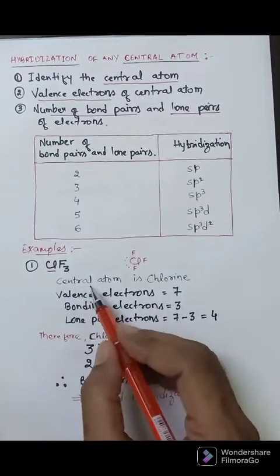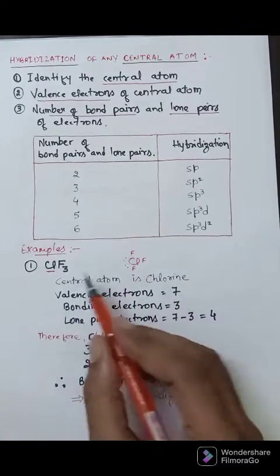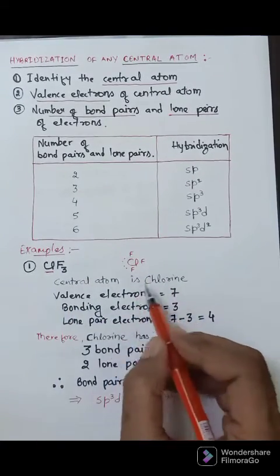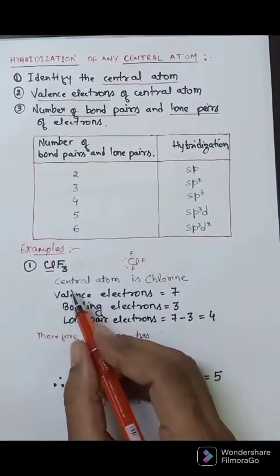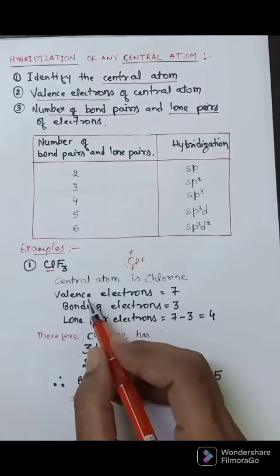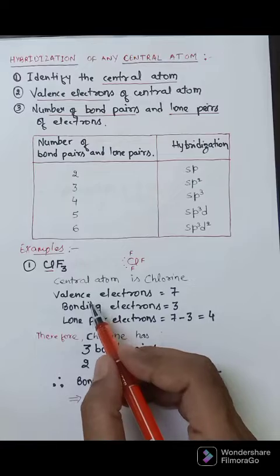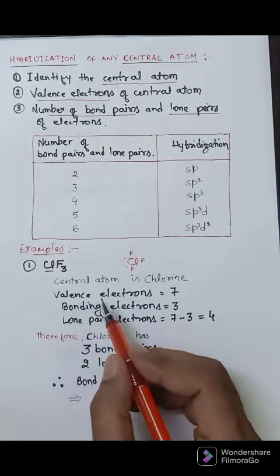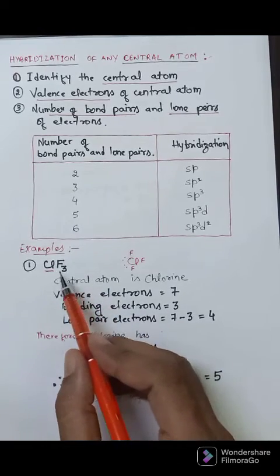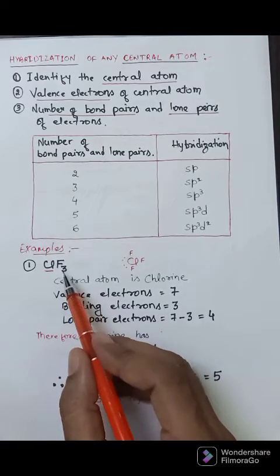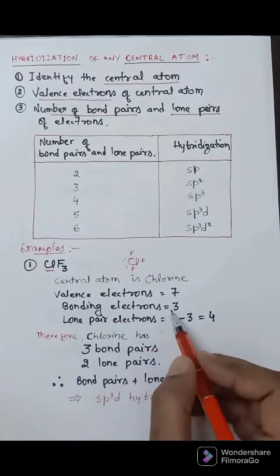So the central atom here is chlorine, which is surrounded by 3 fluorine atoms. Now we know the central atom is chlorine. What do we have to find? The valence electrons. Chlorine has 7 valence electrons, and since it is associated with 3 fluorine atoms, the bonding electrons will be 3.